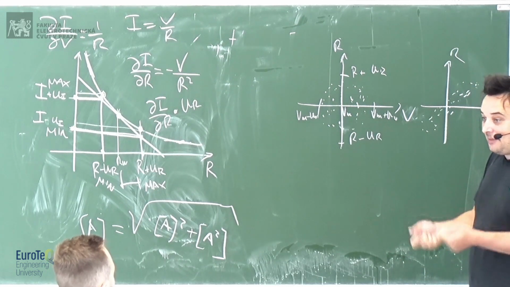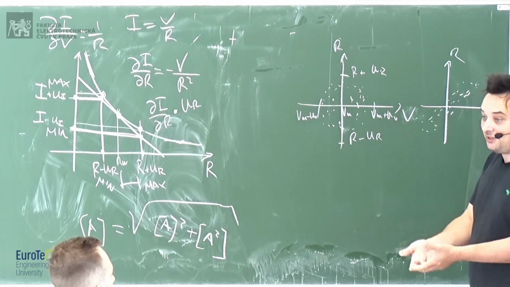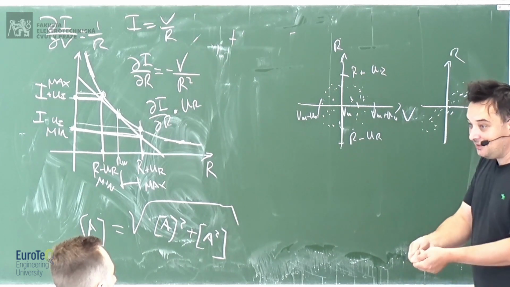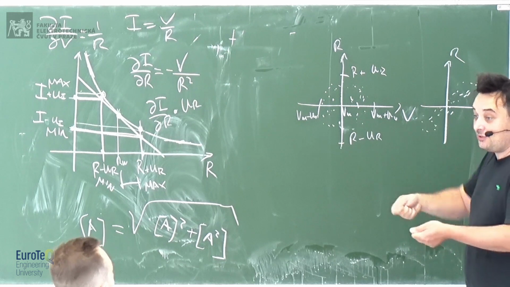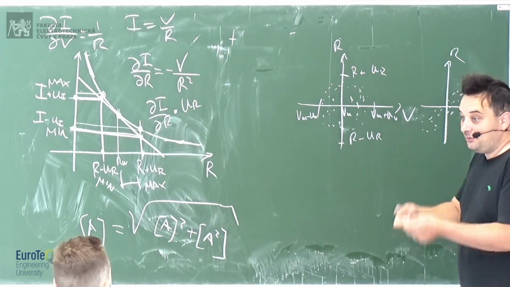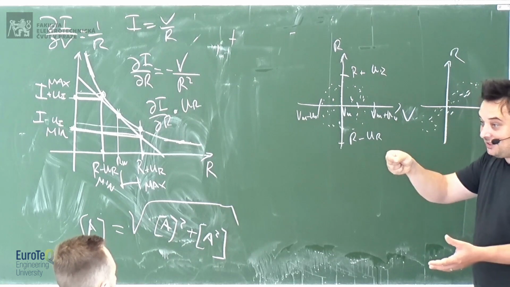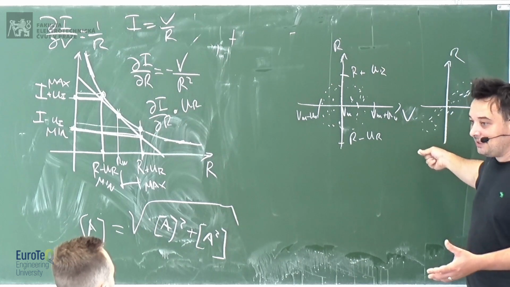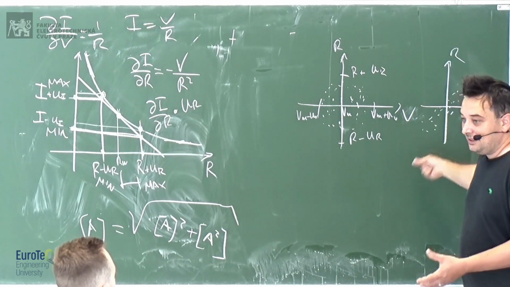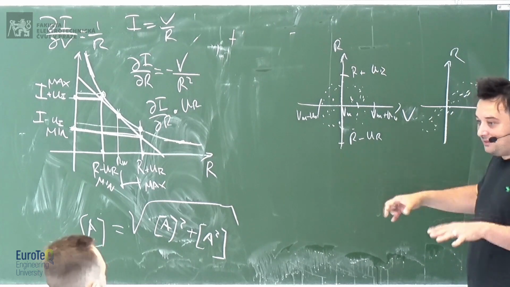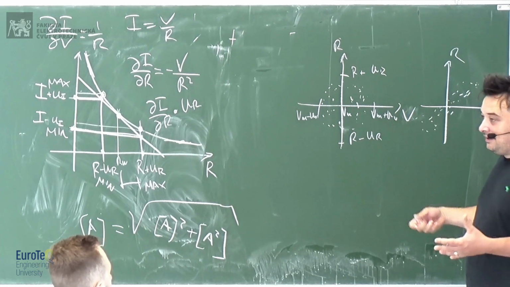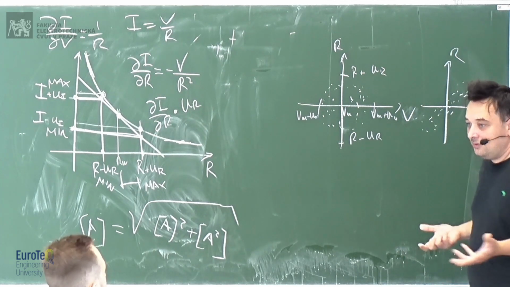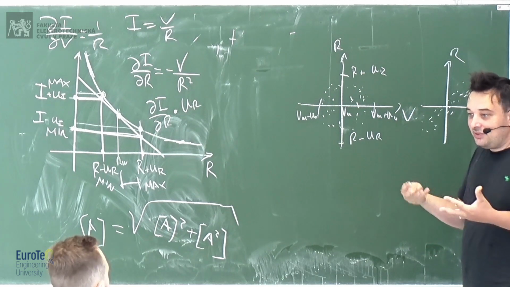If you go to a shop and buy a resistance and it is larger than what you expect, because the shop assistant gave you a resistance which is not 1 ohm but 1.005 ohms, it doesn't make it more probable that the voltmeter will give you a larger voltage. There are two separate physical components, so they don't watch each other. The voltmeter doesn't watch the resistance and say, the resistance is larger, so I will give a larger voltage. So there is no physical link between them.